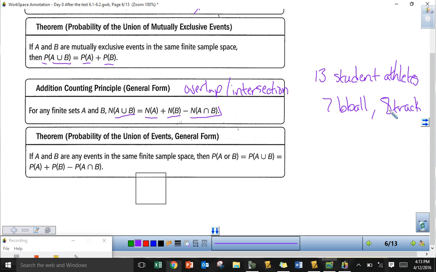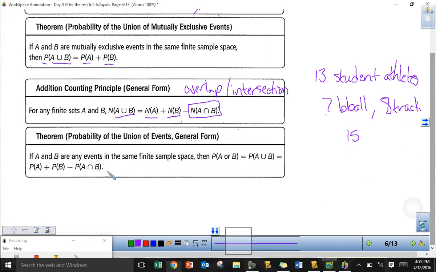That couldn't be true if there's only 13 because 7 plus 8 we know is 15. The only way this is possible is if we have 2 students who are both basketball players and out for track. So there is an intersection. We don't want to count those people twice. So that's why we have to subtract off any intersection, anybody who would be grouped in both basketball and track for this particular situation.